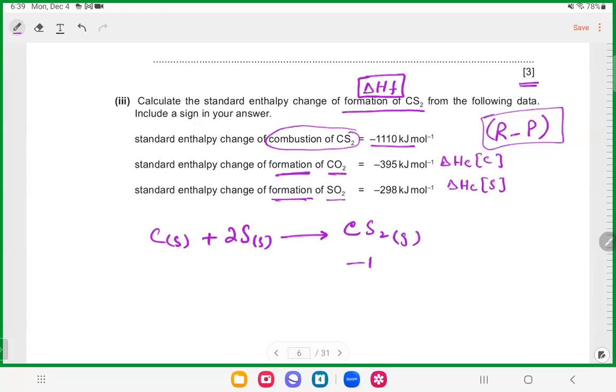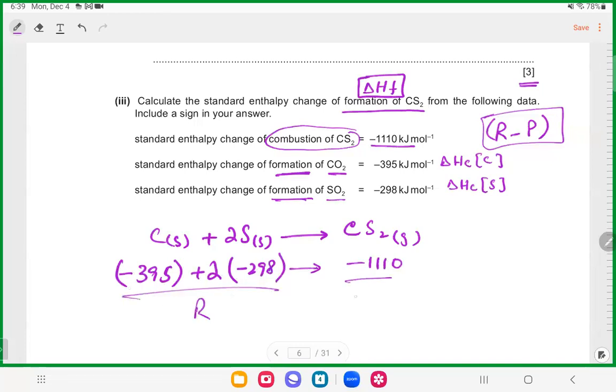Combustion of CS2 is -1110. Combustion of carbon, which is the formation of carbon dioxide, is -395 plus 2 times combustion of sulfur is -298. So these are your reactant, this is your product.